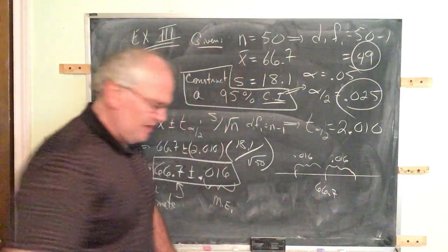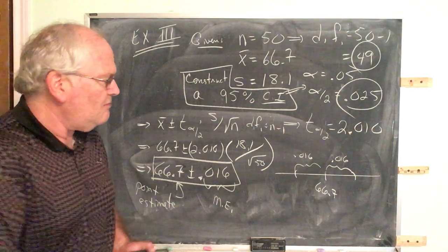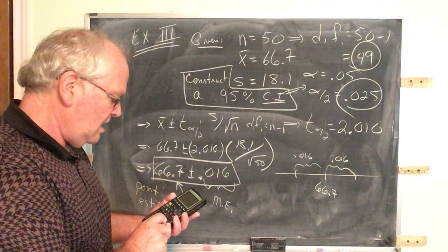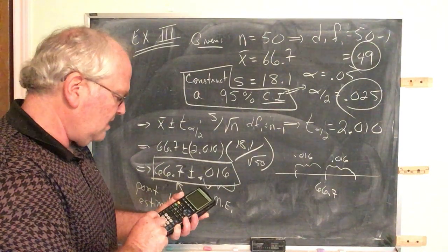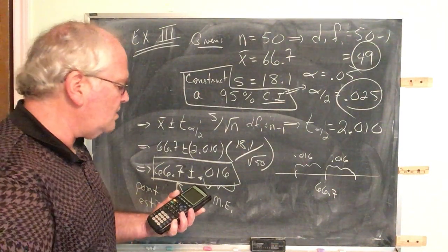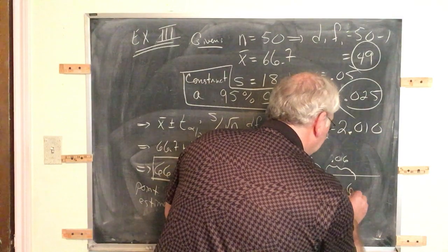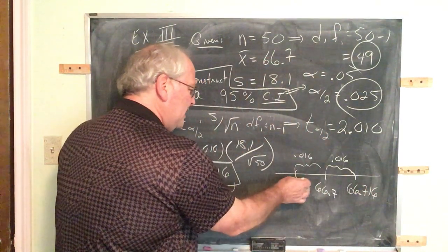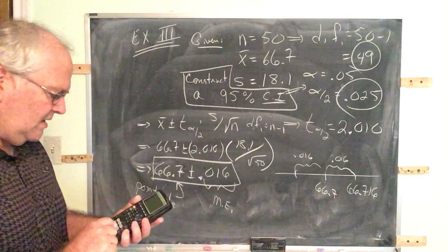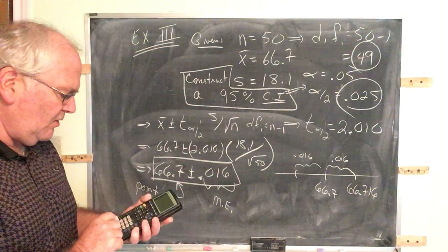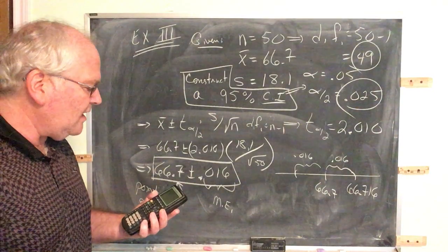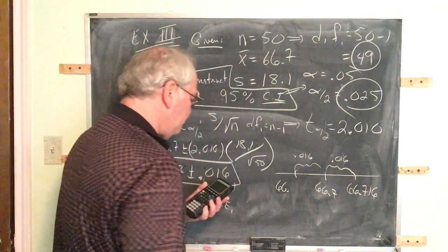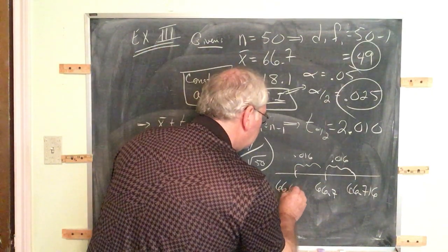It is 66.7 plus 0.016. Well, that's not too hard to figure. That is 66.716, and 66.7 minus 0.016 gives me 66.684.